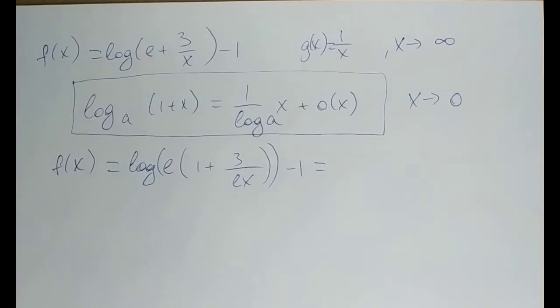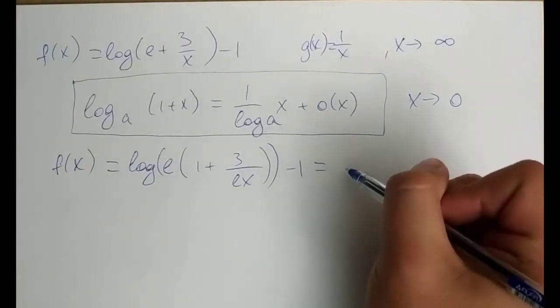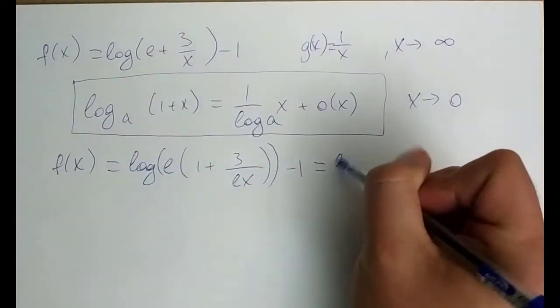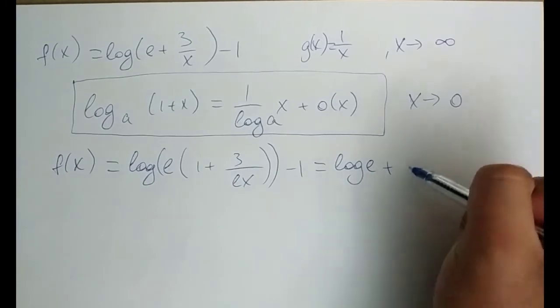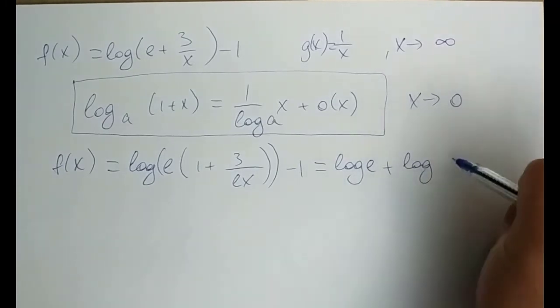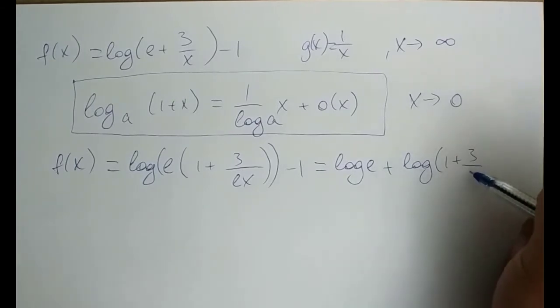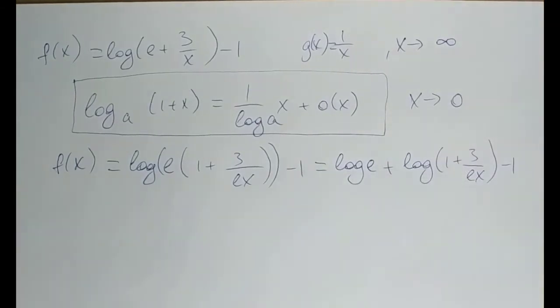Now we can write the multiplication as logarithm e plus logarithm of 1 plus 3 over e x, and minus 1.